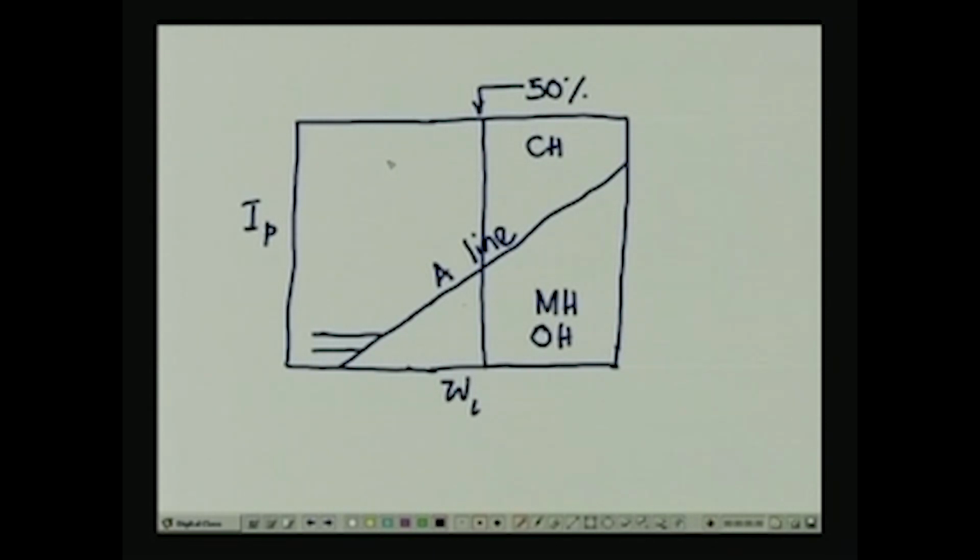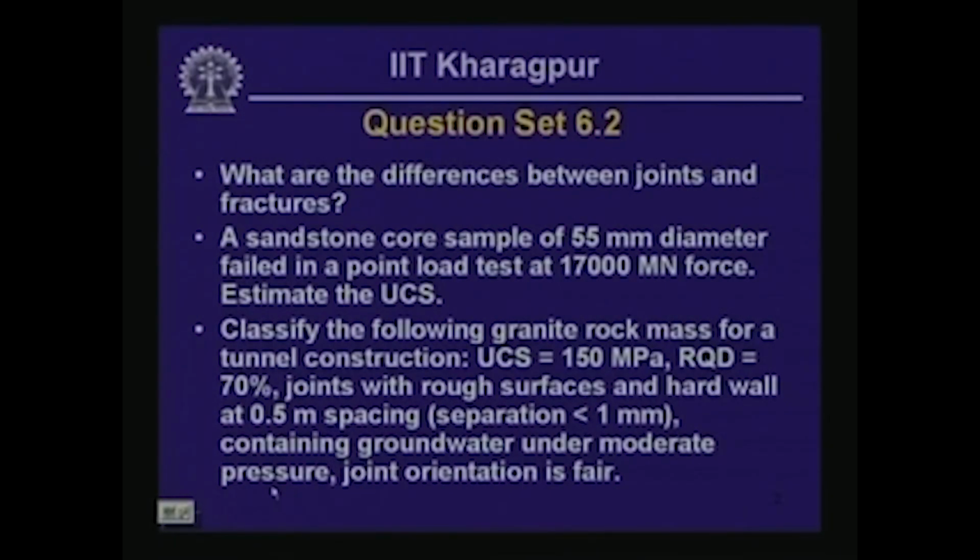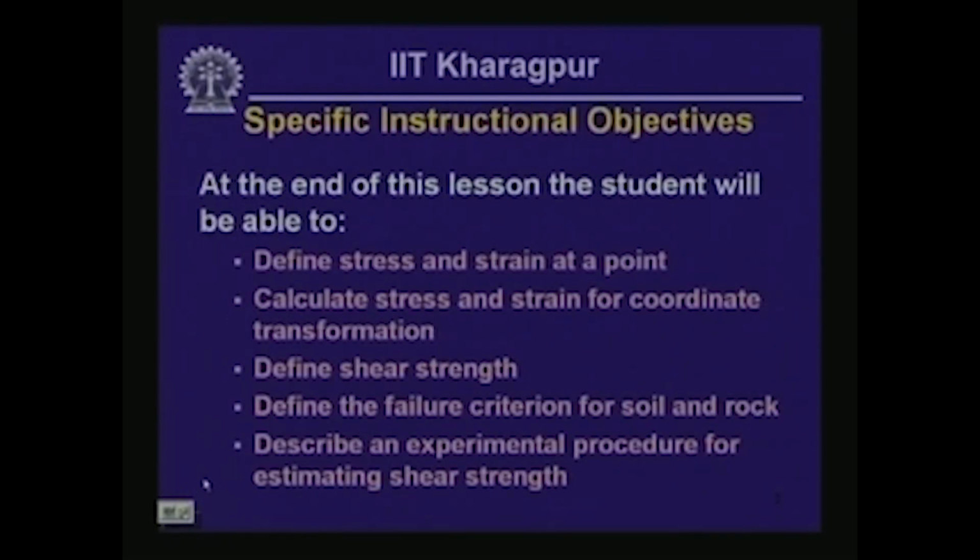So, in case of ASTM, you could only have CL or CH or CL-ML, and then here you could have ML or OL. So, that is as per ASTM, whereas in case of IS code classification, your classification is a little bit more involved.